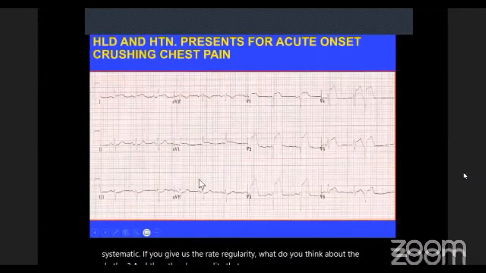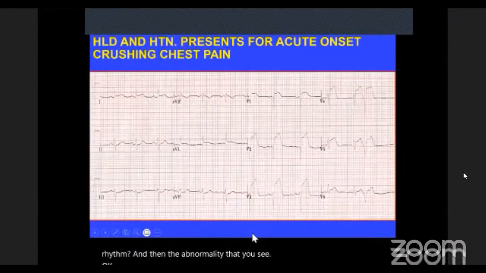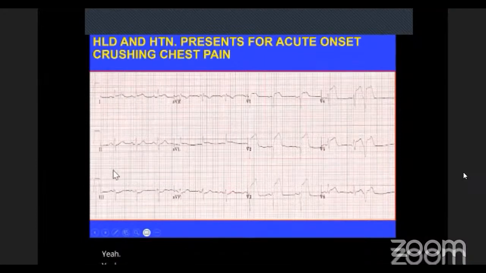Okay, Dr. Bender, so we can start with whether it is sinus or not. Yeah. So we can see P waves in all leads, I guess. So it's sinus, and then the rhythm is regular, I guess.